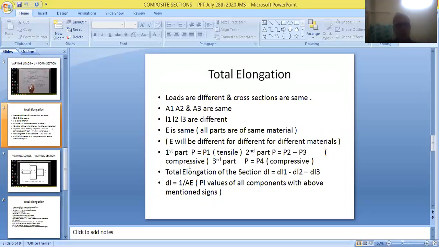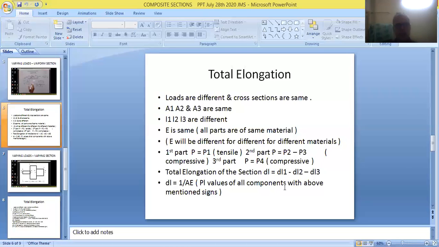So for first part, P is P1, that is a tensile. Second part, P is equivalent to difference of the values P2 and P3. For third part, P is taken as P4. So both these forces are compressive, and this force is tensile. So the total elongation is written as DL1 minus DL2 minus DL3.